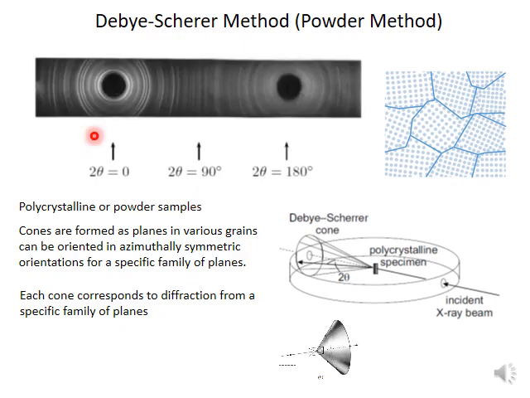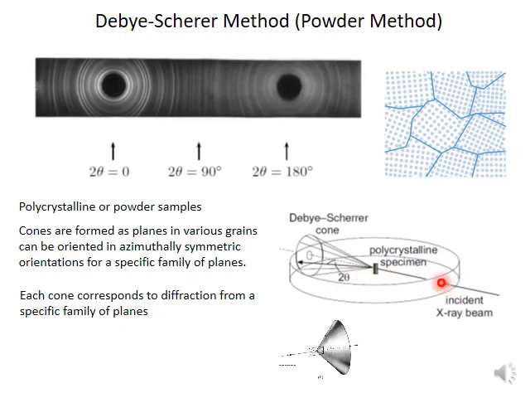So what you get as a result, when this experiment is done, on this photographic plate which is surrounding the sample, is a recording of this diffraction pattern. Each projection of the cone, which is a circle on the photographic plate, represents a specific set of lattice planes. 2 theta equals 0 corresponds to the beam which directly goes through, and 2 theta equals 180 corresponds to the scattering such that it is reflected back.